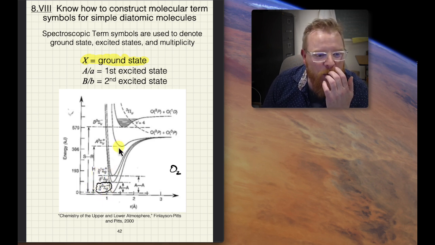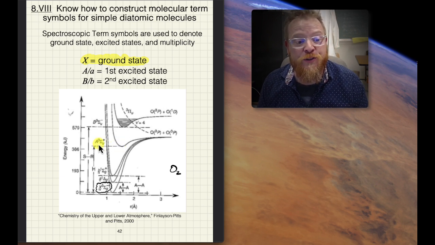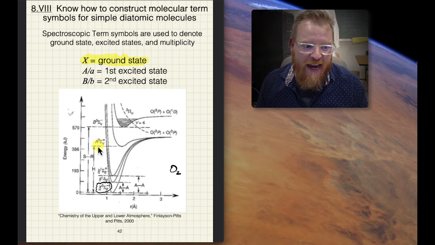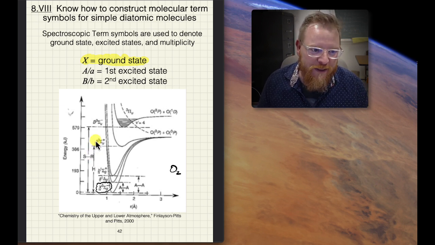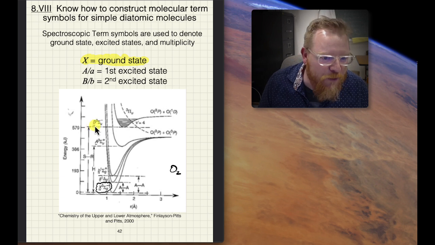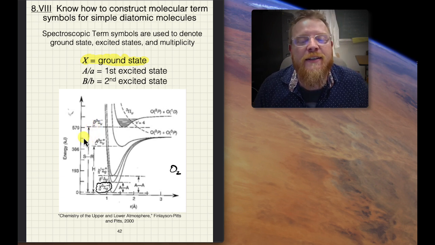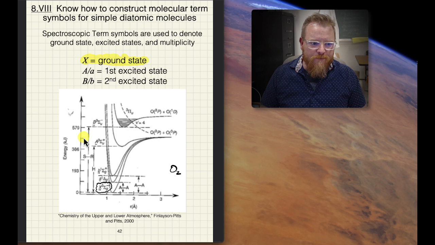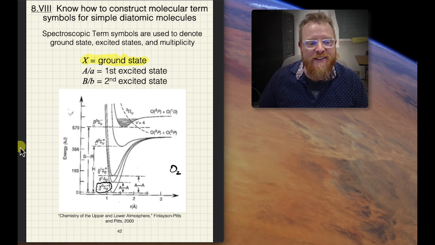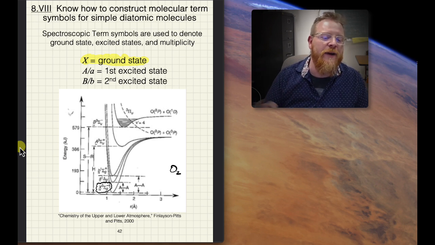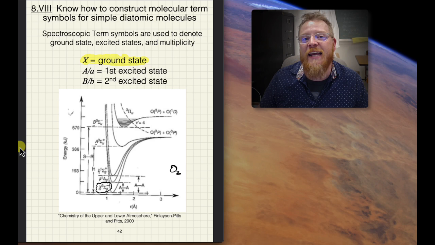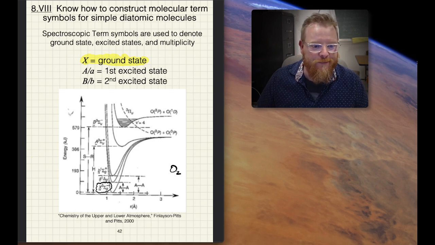But now, as we're going up here, we encounter our first triplet excited state. So that starts the lettering over, and we have capital A to indicate our first excited triplet state, and then capital B to indicate our next excited triplet state. So there is a little bit of wonkiness the way that's used. Sometimes it's not always used consistently, but generally when you see that letter change from an uppercase to a lowercase, it's another way to indicate the multiplicity is changing.